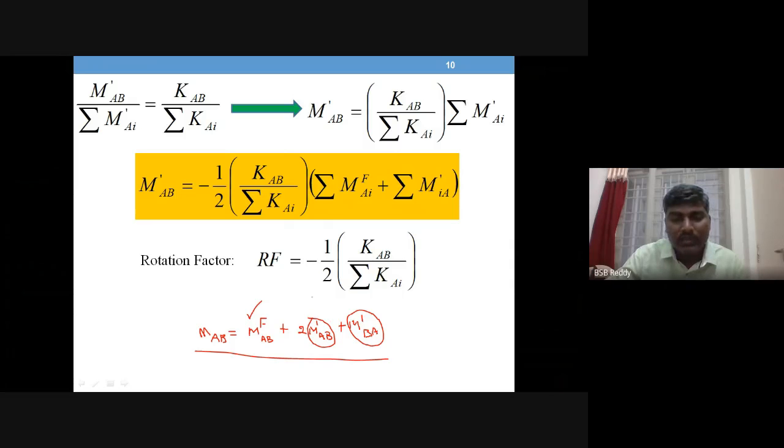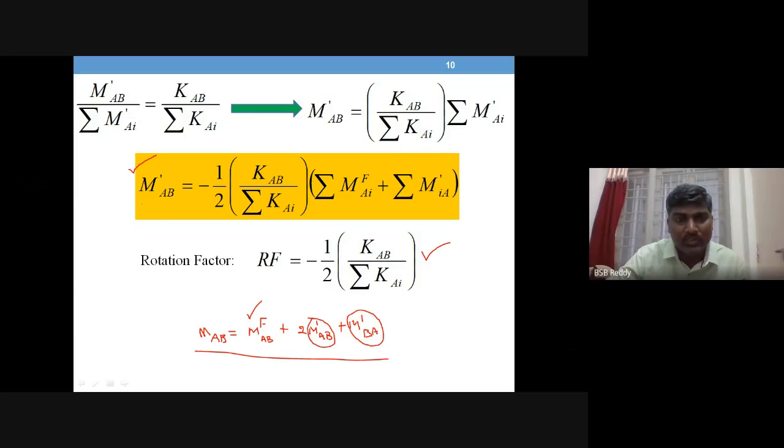Last session we derived an equation for rotation contribution, and the involved parameter is rotation factor. Rotation factor is minus 1 by 2 times k divided by sigma k, that is, the stiffness of that particular member divided by total stiffness at that joint. This is what was derived in the last session.